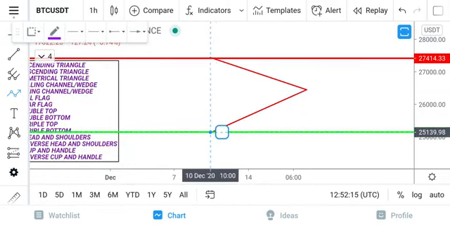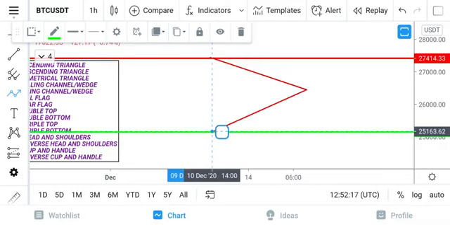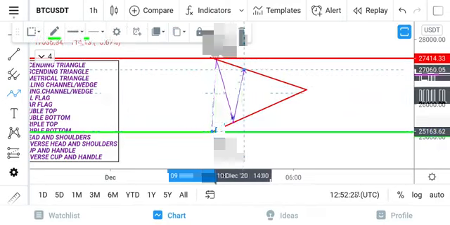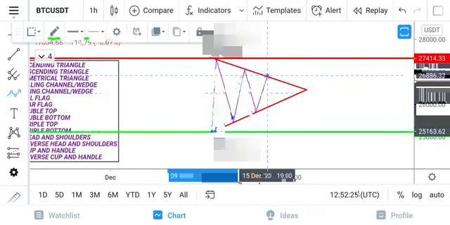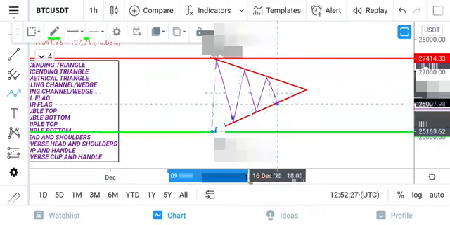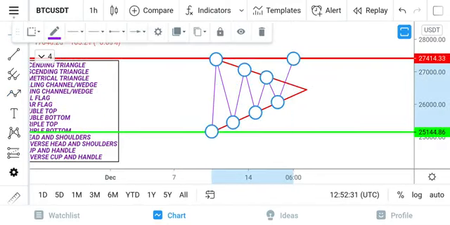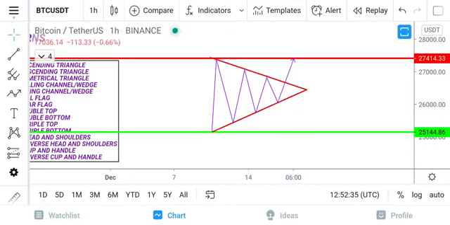So expect the price to move in a symmetrical triangle. Let's say scenario 1, if the price is in an uptrend, expect it to break to the upside. So the price will move in a symmetrical triangle like this, then it breaks out because it's an uptrend.